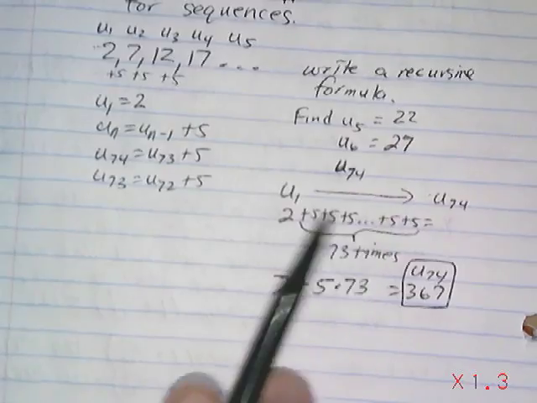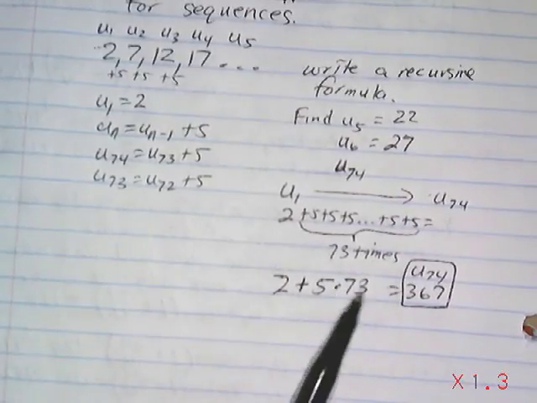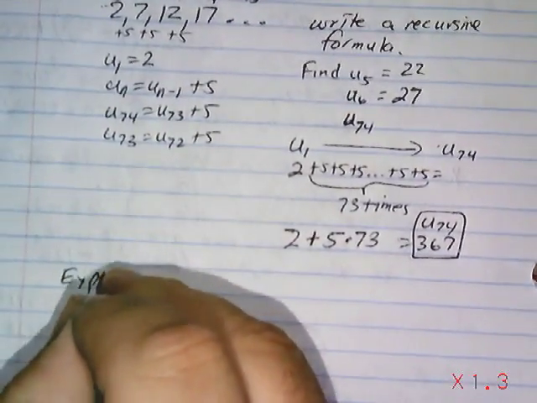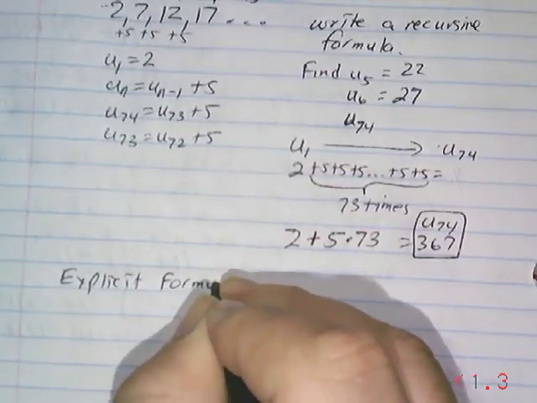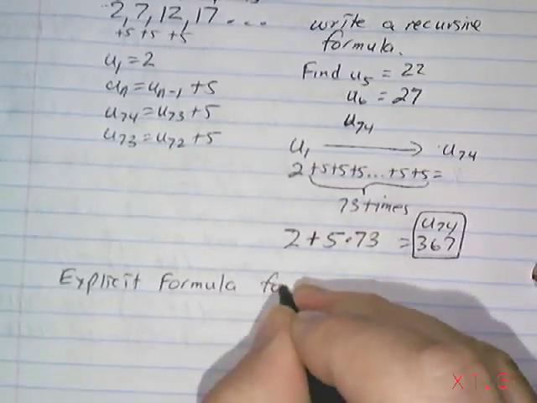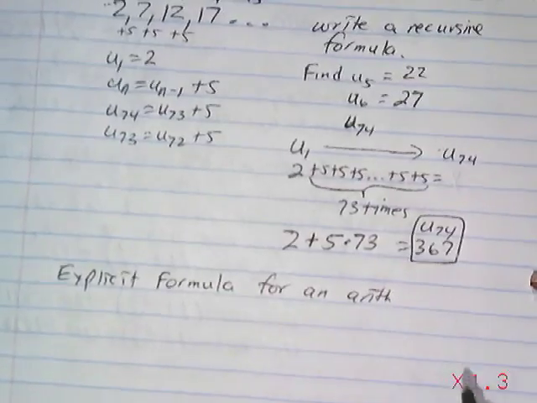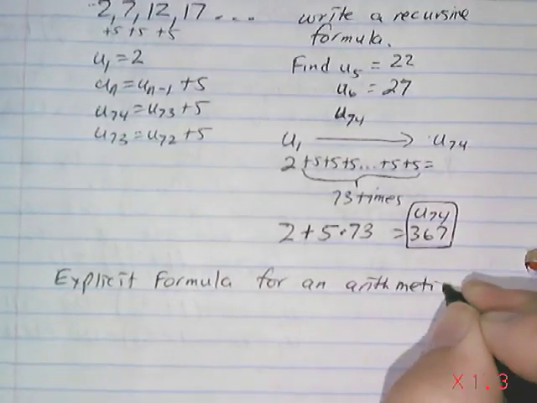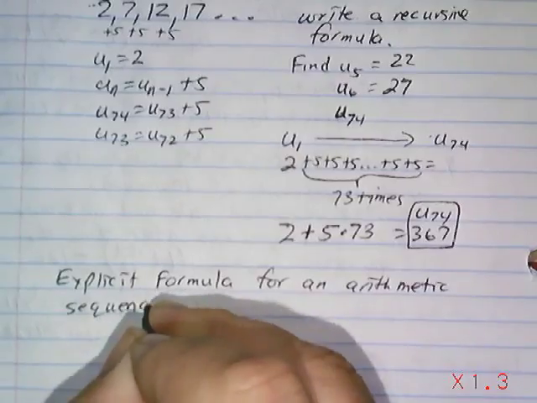For this particular sequence, the explicit formula is u sub n equals 2 plus 5 times n minus 1. Now I could ask you to find u sub 100, u sub 67, u sub 750, and it wouldn't take any longer than u sub 74.